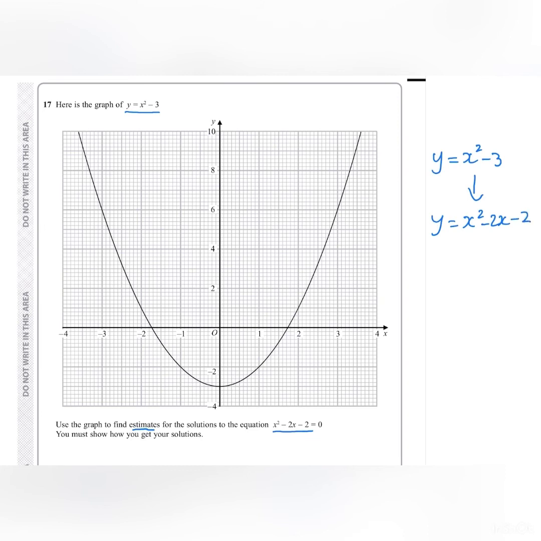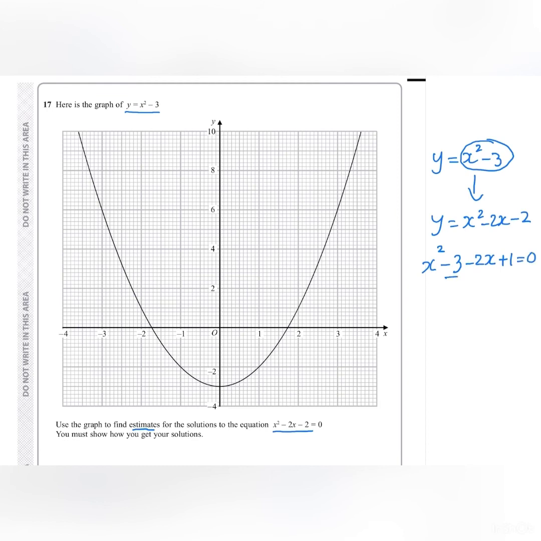Now, go back to the first equation, and if we had x squared minus 3 minus 2x, and make that into plus 1 equals 0.